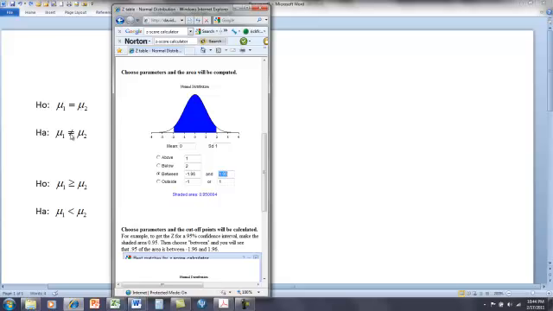Okay, and then the alternate hypothesis is that they're not the same, that one group will score higher than the other, and we can't predict which one will be higher. So you see, usually we have an idea which will be better.